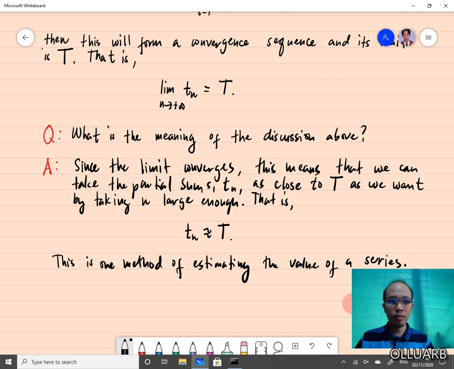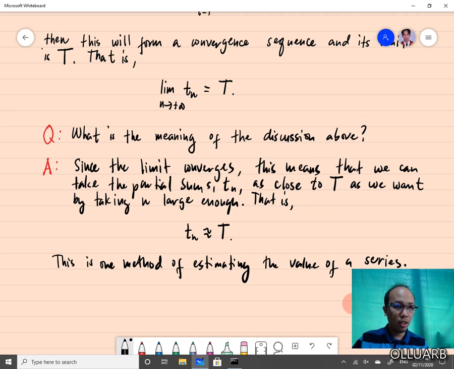With respect to this method of estimating the given series using the n partial sum, the question now is how good is this estimation? How good is the n partial sum in estimating the actual sum of the given series?